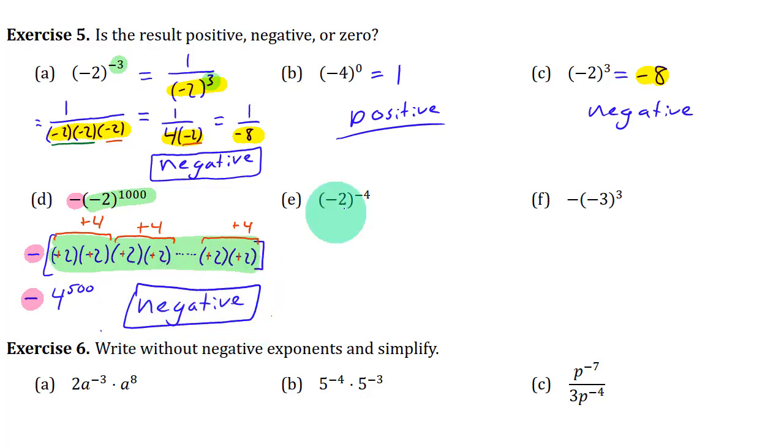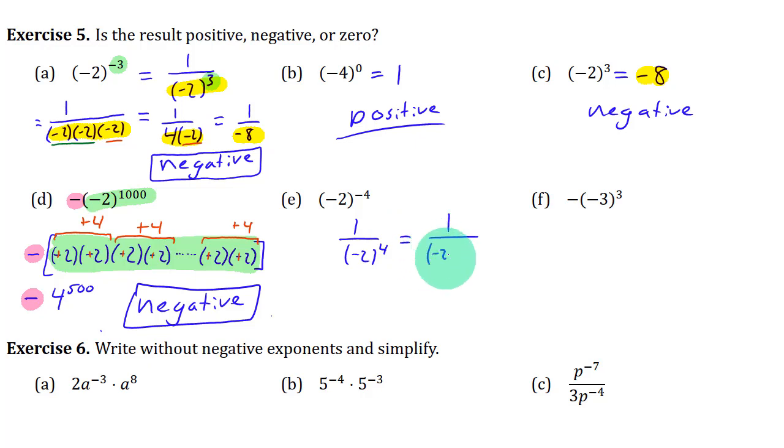Okay, so how about negative 2 to the negative 4? Well, you could write this as 1 over negative 2 to the positive 4th power using the definition. And 4 is an even number, so all those negative numbers are going to pair up.